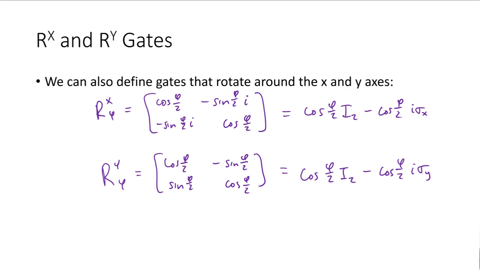We can also express R y phi as cosine phi over 2 times I, minus i sine phi over 2 times sigma y, the y gate. So these are just other ways to formulate the X and Y rotation gates.